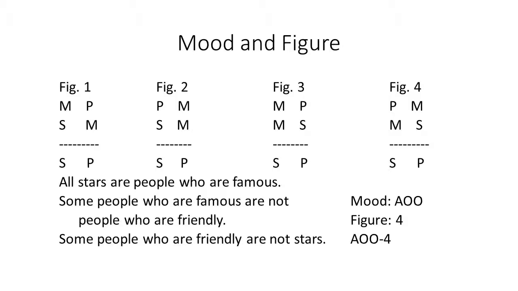It's O: some S are not P. And then some S are not P again, O. So the mood is AOO. Our figure is, it turns out, 4 again. Why? Look where our middle term is: people who are famous. This occurs in both the first and second premise, so it's our middle term. It's in second position in the first line and in first position in the second, which corresponds to figure 4. So the mood and figure of this syllogism is AOO-4.